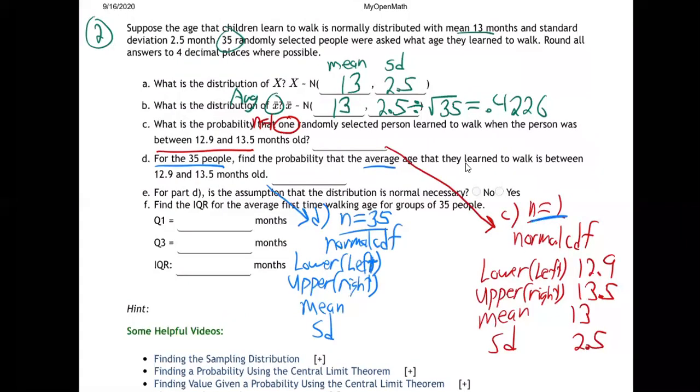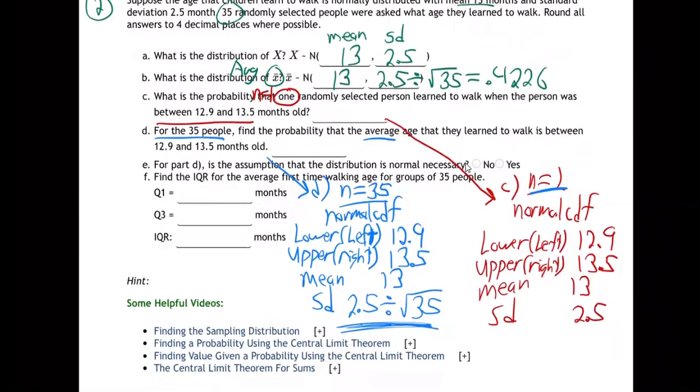Okay, so what is the lower? Same thing. These numbers are the same, except for the last one, right? The standard deviation becomes 2.5 divided by the square root of 35. That's the only part that's different. Hit the buttons on your calculator. You'll get the answers to those two. And then I'm going to go on to part E.